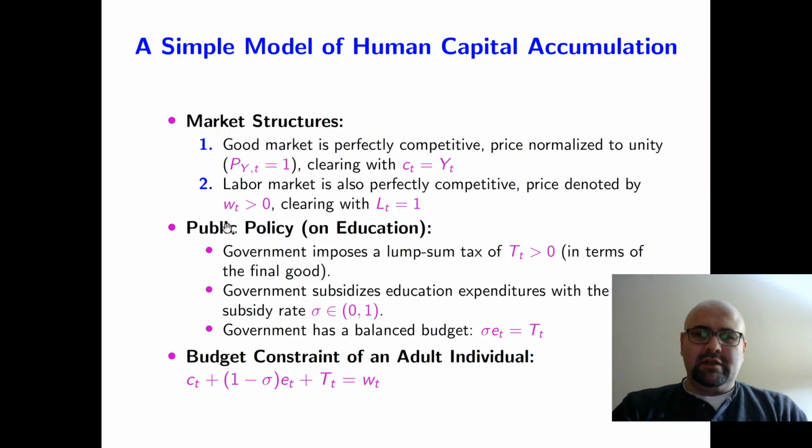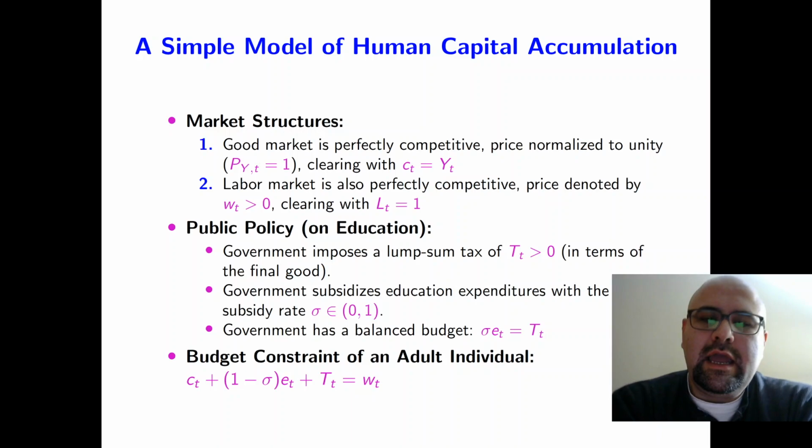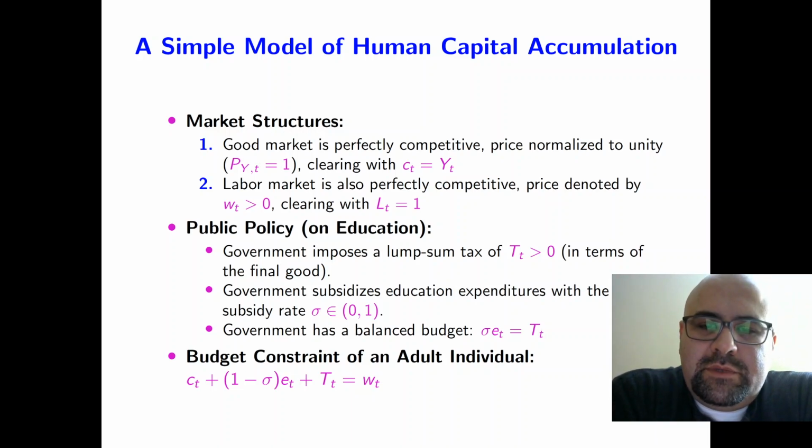Okay, so now let me describe public policy on education. The government will be imposing a lump sum tax, TT, in each period. Again, this is in terms of the final good. And then there is the subsidy rate, sigma. This is a constant, okay? And so it will be subsidizing education at that subsidy rate.